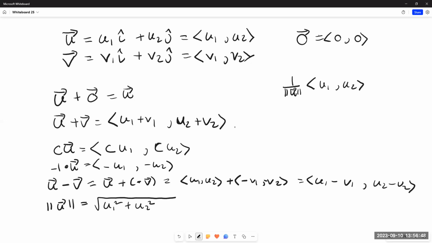So this becomes, I put a hat over it to show that it's a unit vector. Like so. If I had 3 dimensions, it would work the same way.